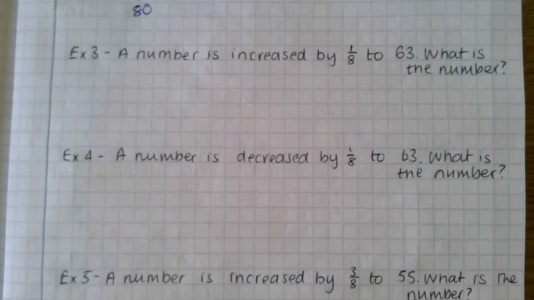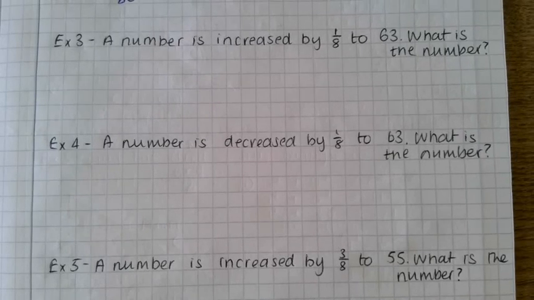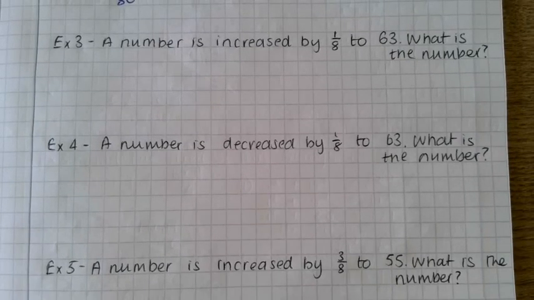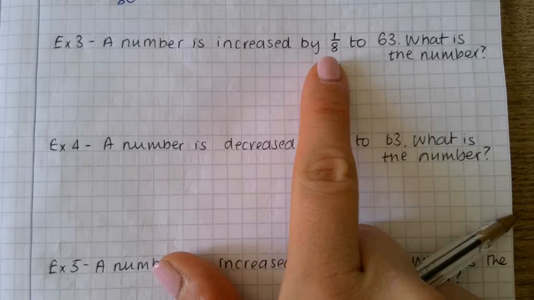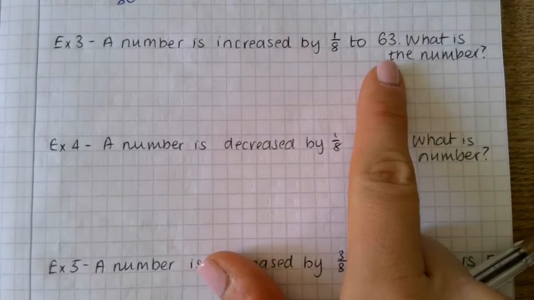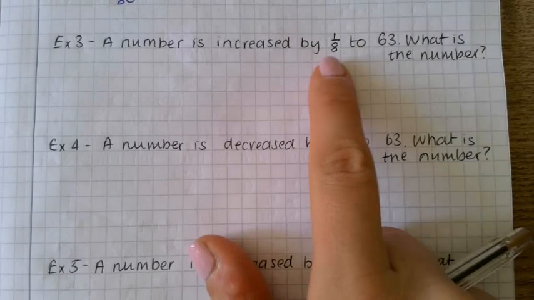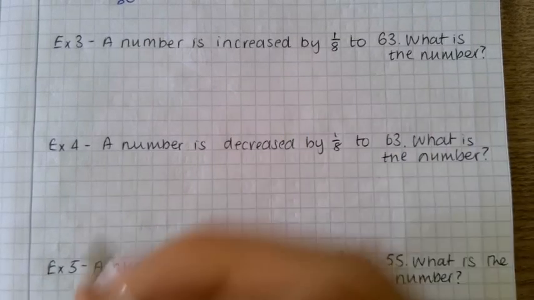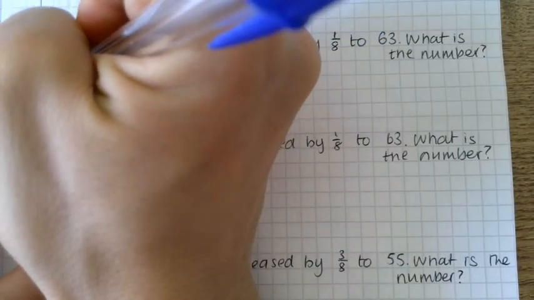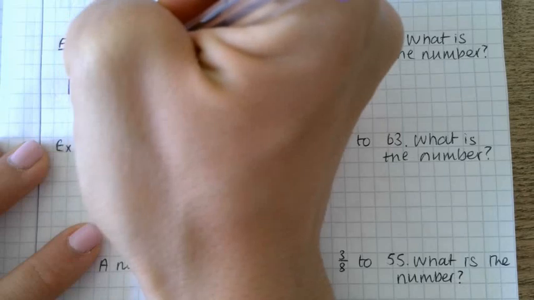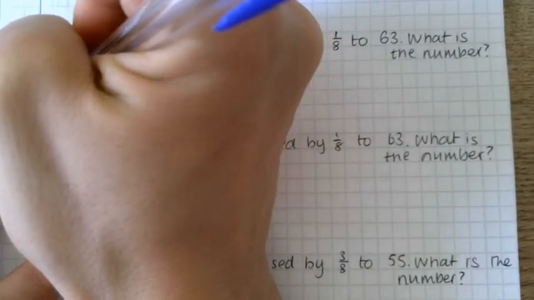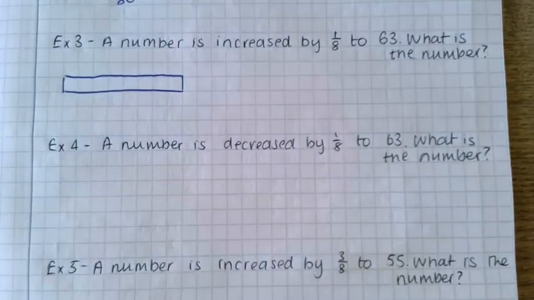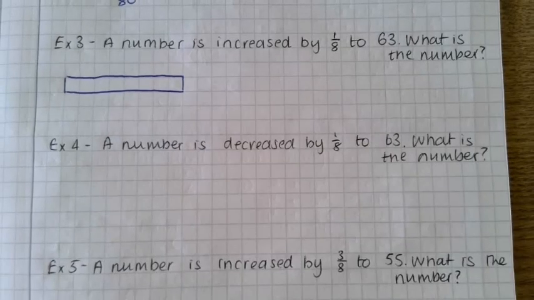In the next example, example 3, we're told a number is increased by 1/8 to 63. What is the number? So I'm dealing with eighths again. So I'm going to draw what eighths look like. So eighths look like that. One whole split into 8 parts.